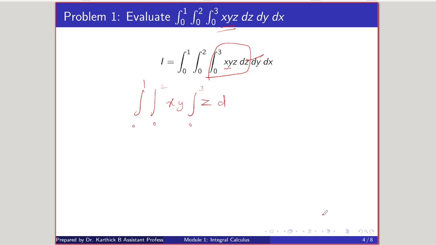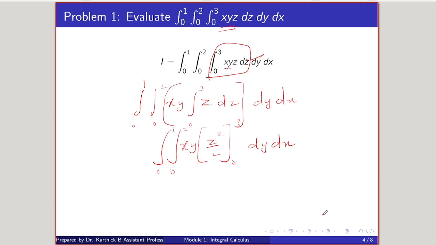We may keep z alone and dy dx. If I integrate this, it will be z squared by 2, from 0 to 3, and dy dx. Here xy will be there.